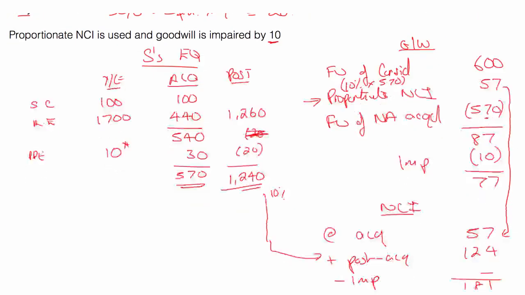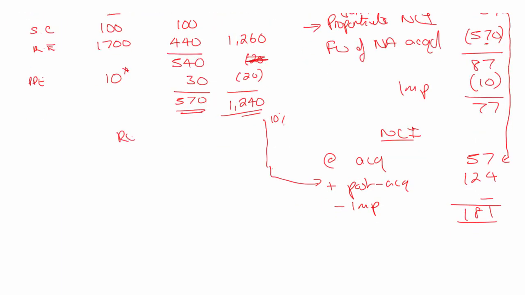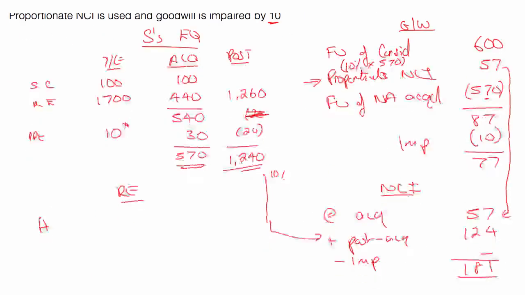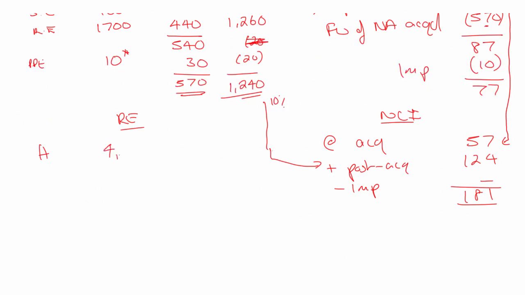My final working then is retained earnings. I want all of H, so let's go see how much H is. 4,700, perfect. And then I don't want all of S, I just want my share, which is 10%. No, it's not, it's 90% of course. My share is 90%. Since I bought it, it's what I deserve. So 90% of 1240.